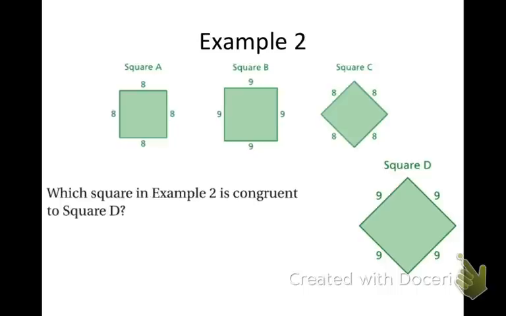Even though the orientation is the same, we have to go with the congruent side lengths. Remember, congruent means same in every way. So the answer here is square B is the same as square D because of the side lengths, and we know that the angles are the same as well.